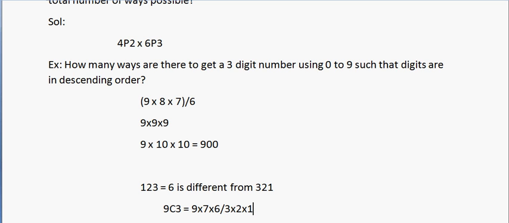Which means if we select any 3 numbers out of these, there is one and only one possible way to arrange them in descending order. There cannot be two possible ways. So if you use this logic, you would also get the right answer.